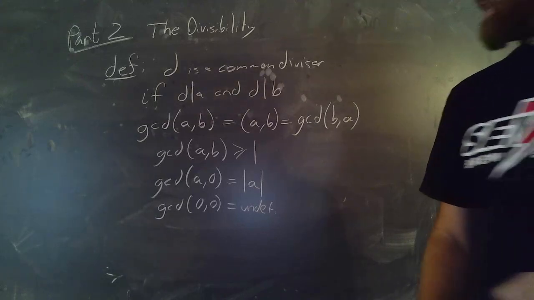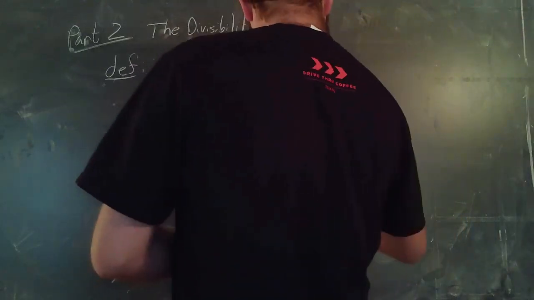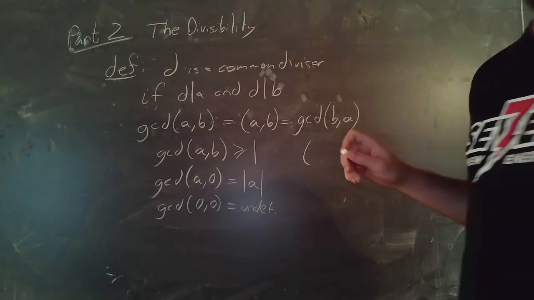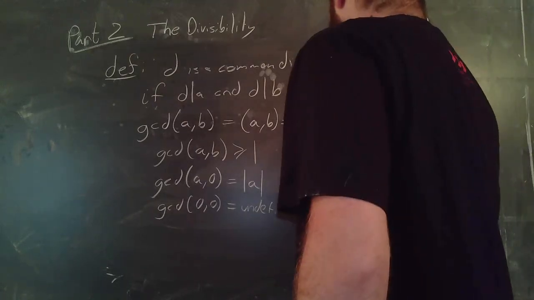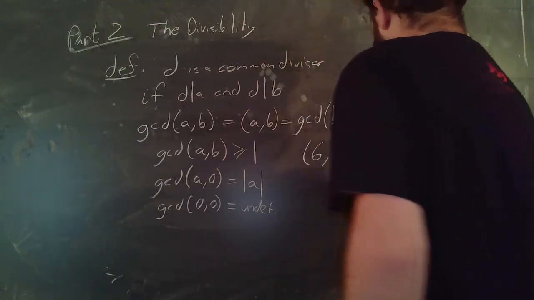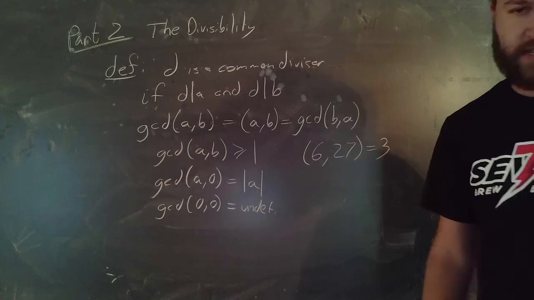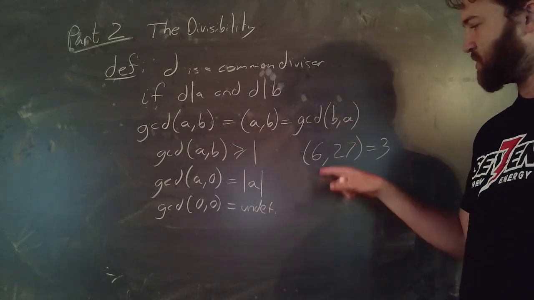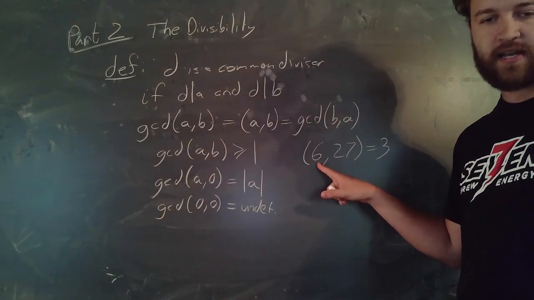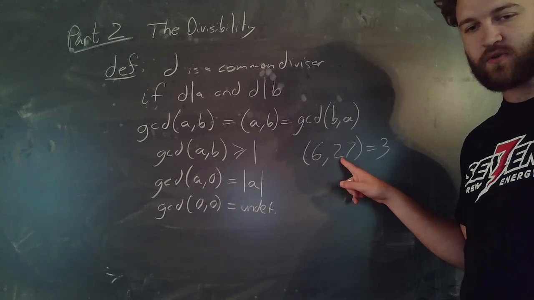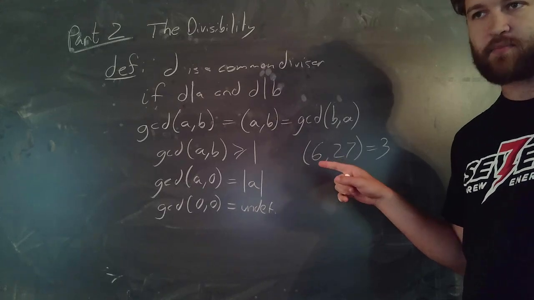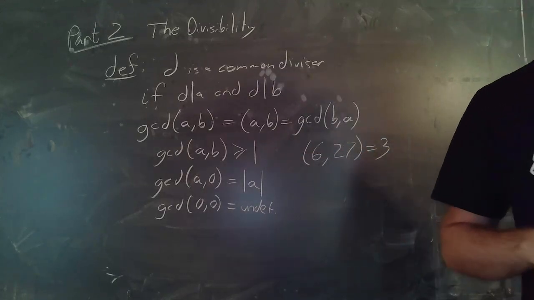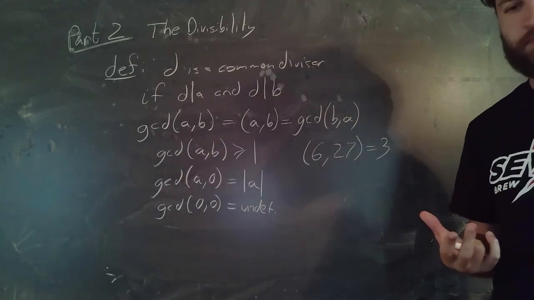So some examples for this. We could say the GCD of 6 and 27 is 3. And there's a couple of different ways that we could achieve this. We could list all the factors for 6 and for 27 and find the greatest number that appears in both lists. And that's totally fine for small numbers.